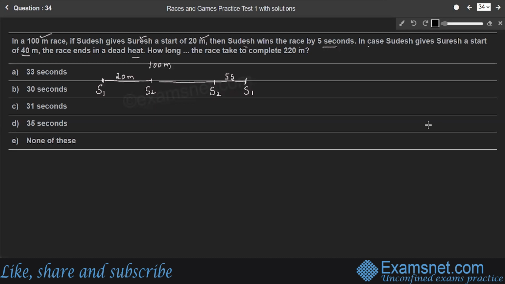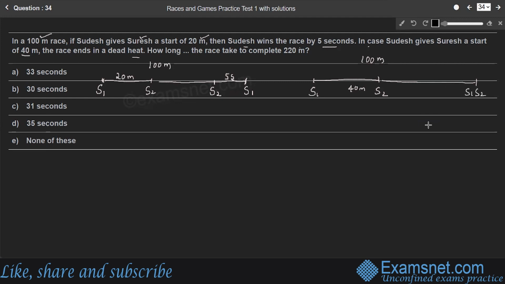Moving further, in case Sudesh gives Suresh a start of 40 meters. So we'll consider the same 100-meter race here. That means S1 gives a start of 40 meters to S2, and the race ends in a dead heat. So simultaneously Sudesh and Suresh will reach the destination.